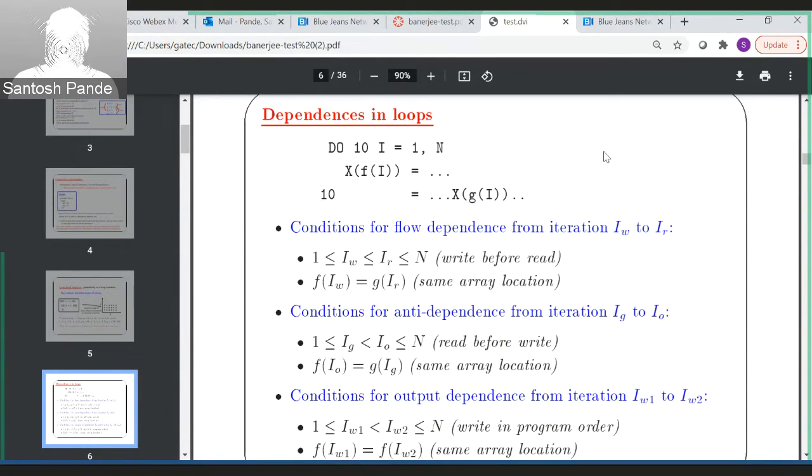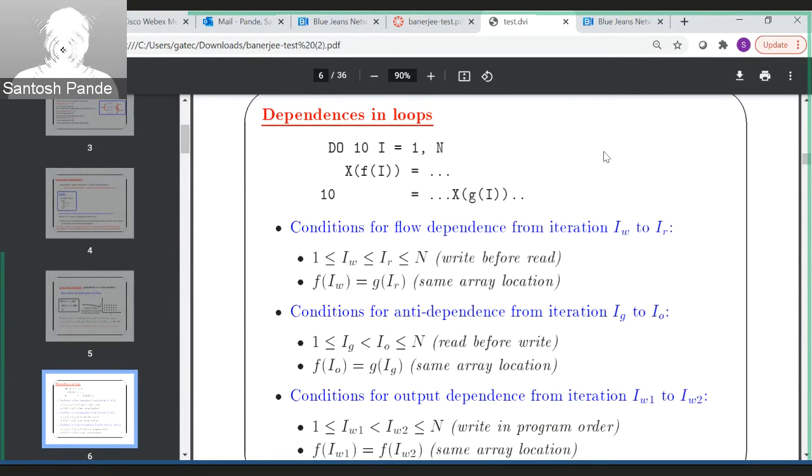That's the first condition. And secondly, the write must occur before the read, so IW is less than or equal to IR. This is the ordering that must be present for the dependence to be a flow dependence, and both must occur within the bounds of the do loop.